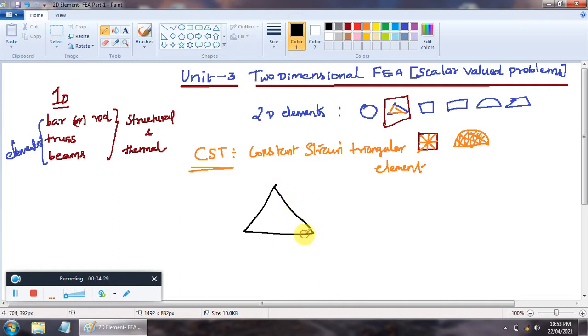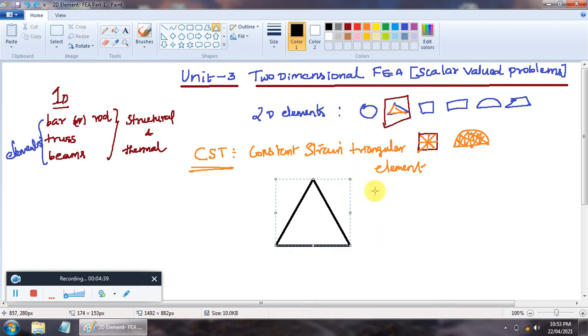This is a triangle. We have three nodes: node 1, node 2, and node 3.